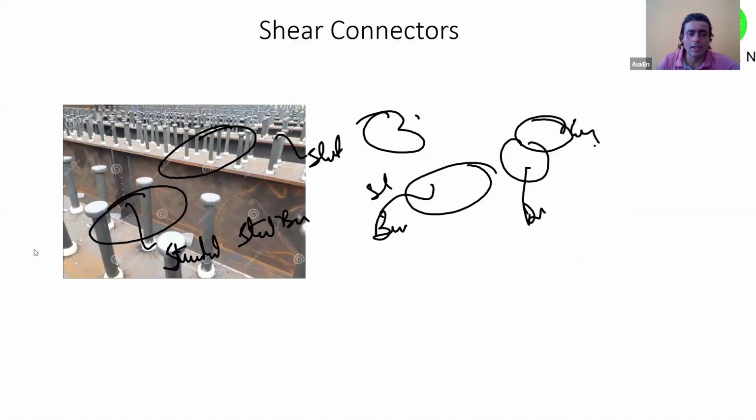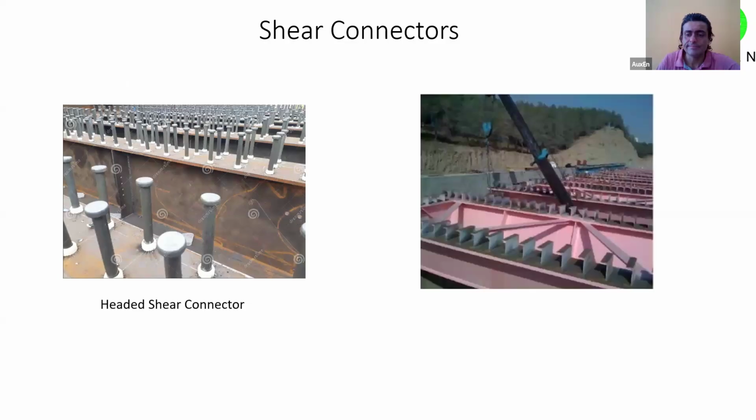So this is a typical image of a shear connector. Can you see this shear connector, please? Simply what we have done, again, these images have been taken from the internet. This is my top flange. On top of it, I have put a connector.